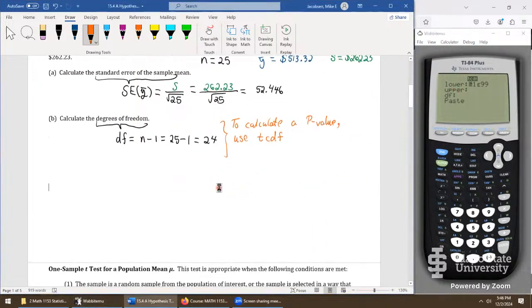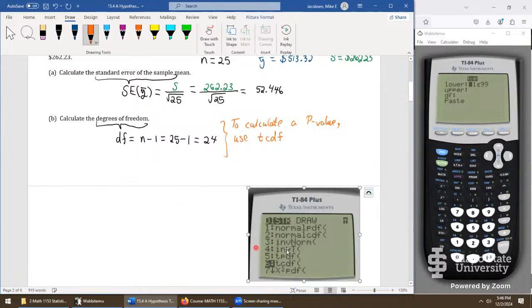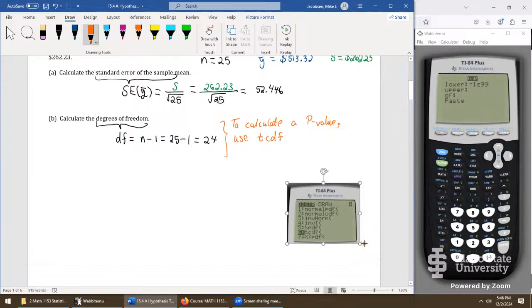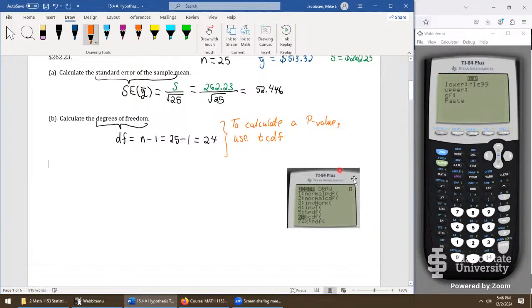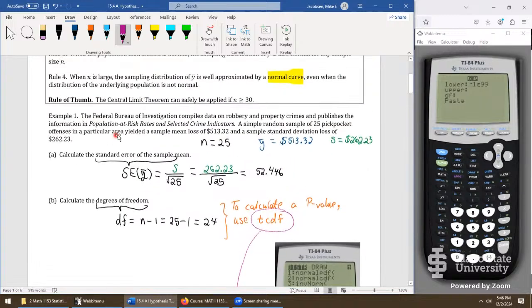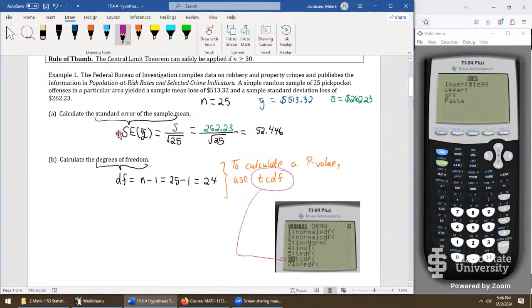But let's put that actually on these notes right here, just for a quick screenshot. So here's tcdf, option 6. Well, any questions, folks, with our kind of a preview review example 1?